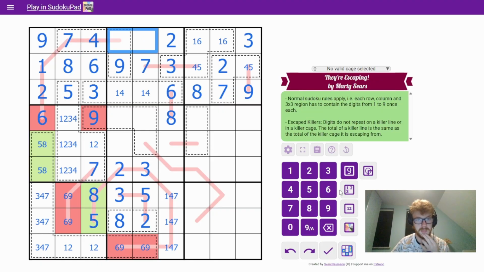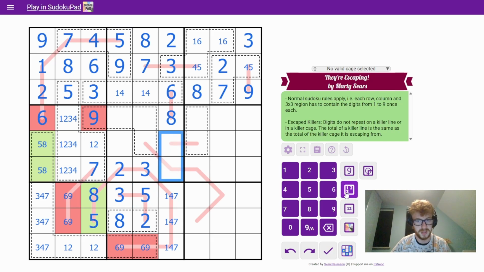And which digits am I missing here? 1, 2, 3, 4, 5, 6, 7, and 8. 5, 8. That's an 8. So that's an 8. And that's our 5. So 5, 5.